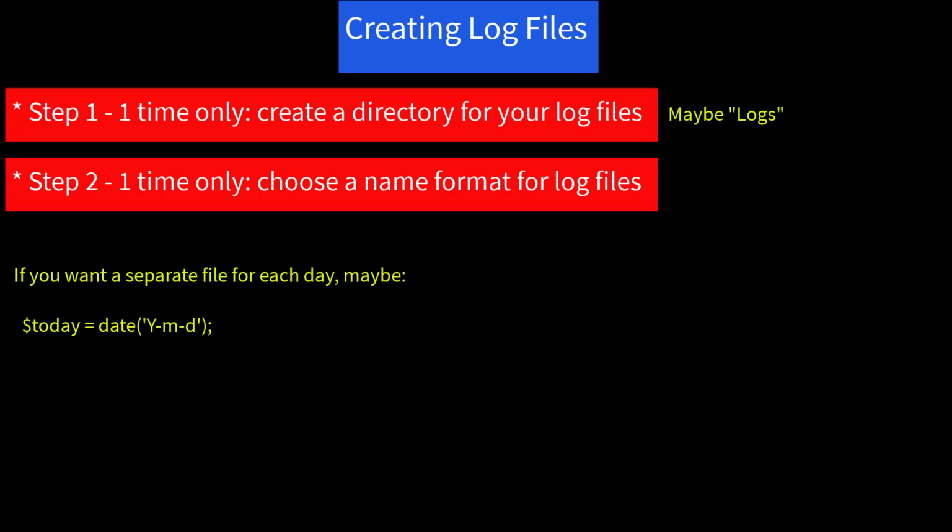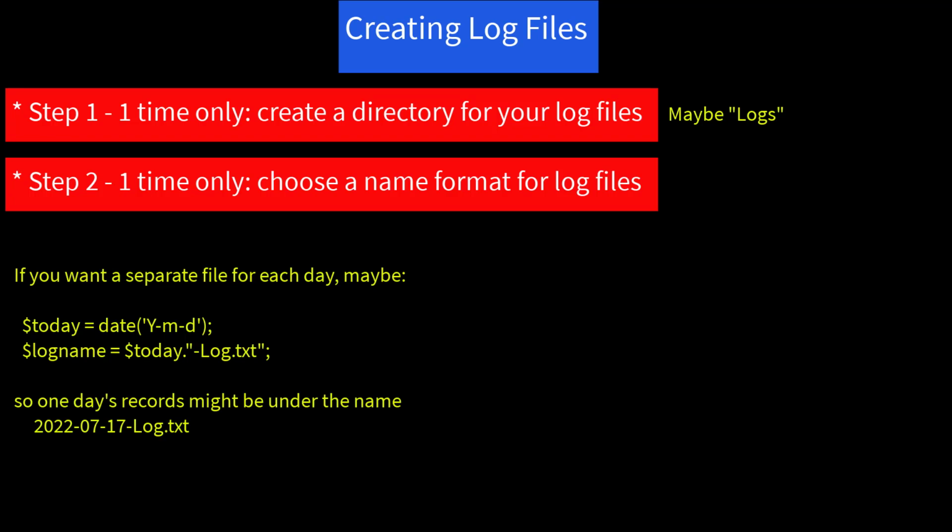$today = date("Y-m-d"), and then append -log.txt. So you can establish $logname = $today . "-log.txt". So your file names would look something like 2022-07-17-log.txt.